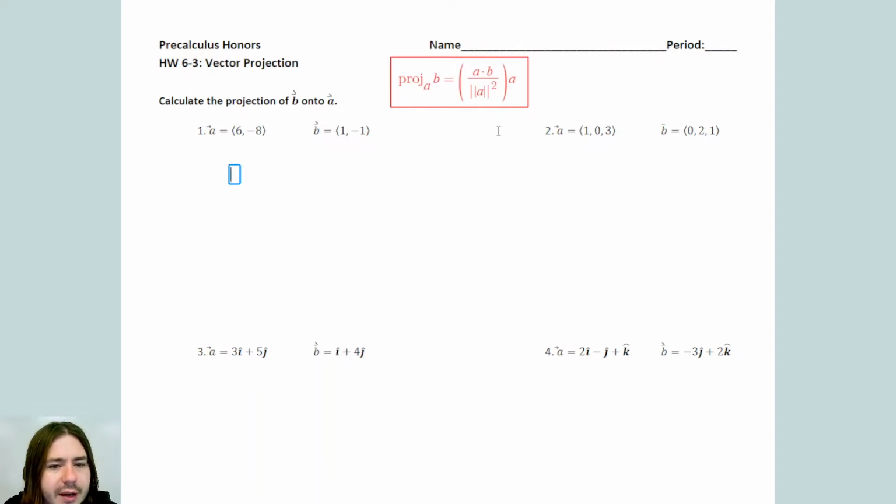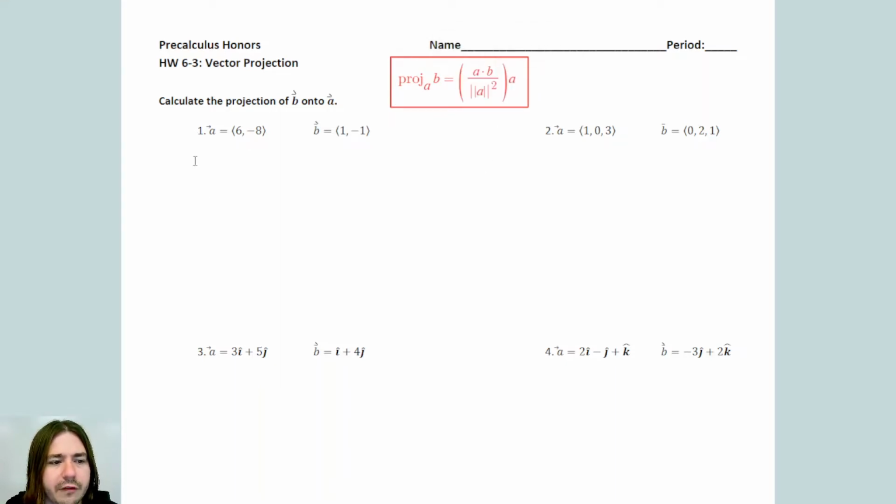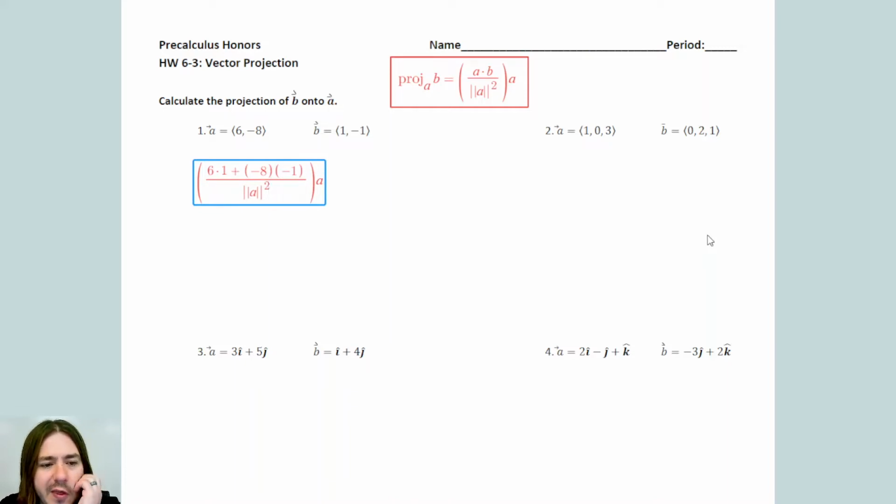So let's go ahead and calculate this out. What I'm going to do is just highlight this and just start plugging away with all the values that were given in this problem. So to find the dot product, I'm going to do 6 times 1 plus negative 8 times negative 1. And then we need to find the magnitude of the vector that we're projecting onto.